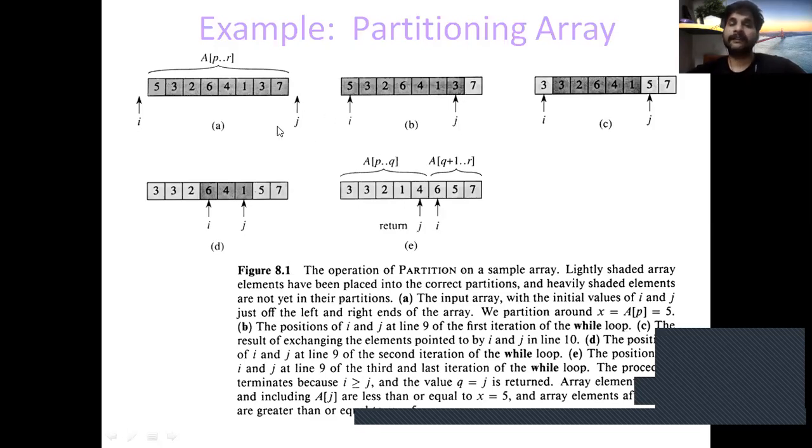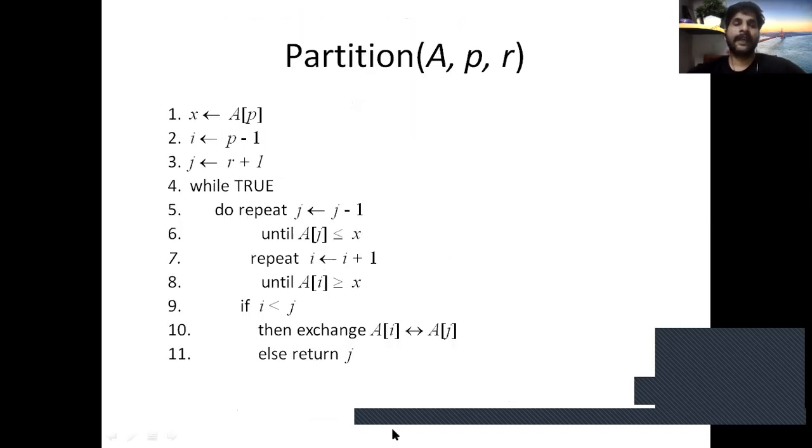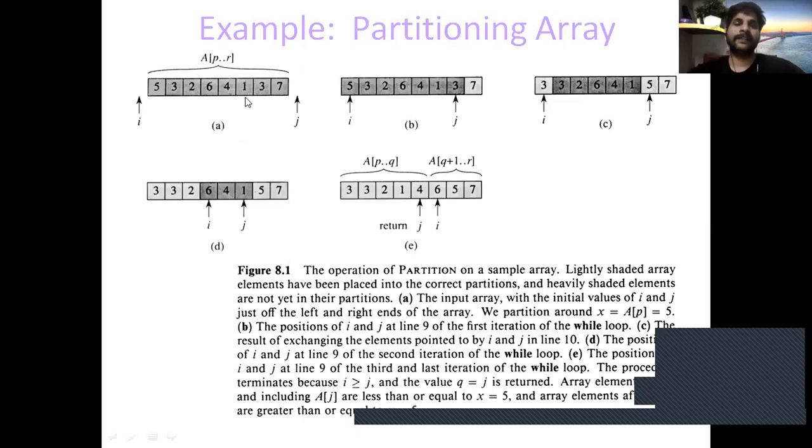We apply the step for the value of j in the algorithm. Array of j less than or equal to x, then apply j equal to j minus 1. Array of j less than or equal to x is false, so the decrement happens. The condition is false, so j is decremented by 1, and the position of j moves to here.